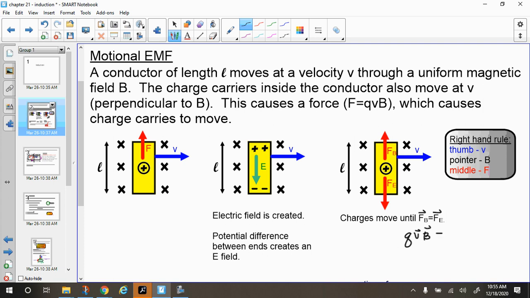And the electric force is equal to Q times the electric field. Now we notice that our charges cancel, and we get an expression for the electric field, which is velocity times magnetic field.